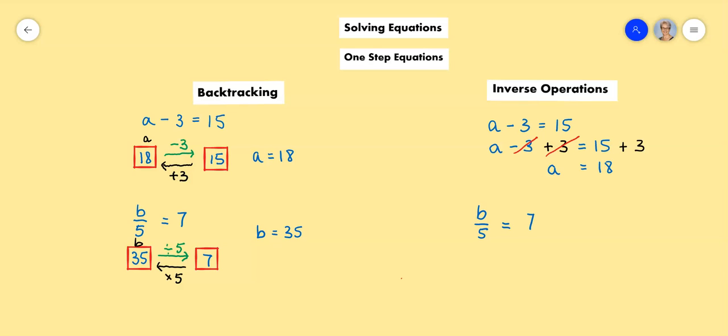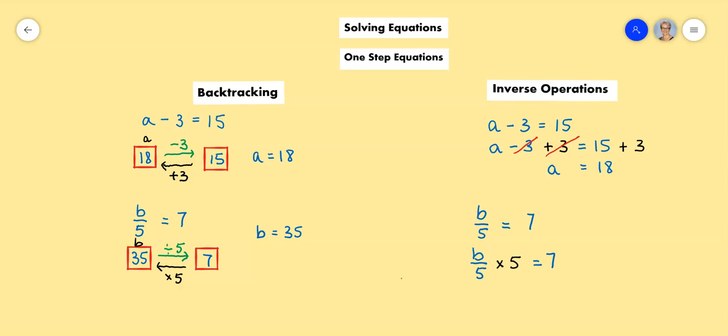What does this look like when we're using inverse operations? Well, we start with b divided by 5. Now, over here, we multiplied by 5 to undo the division. So, on this side, we're going to multiply by 5. And remember, whatever we do to one side of the equals, we must also do to the other side.